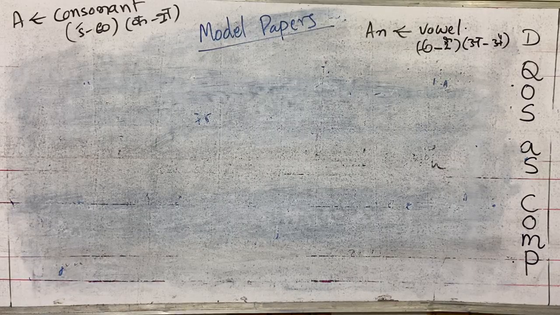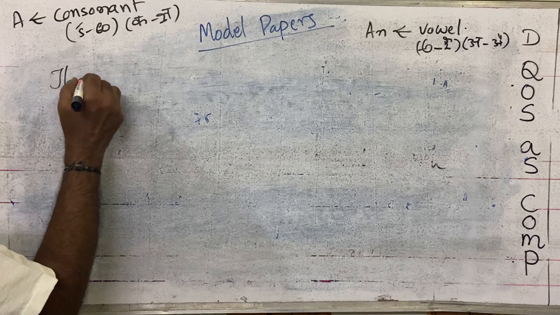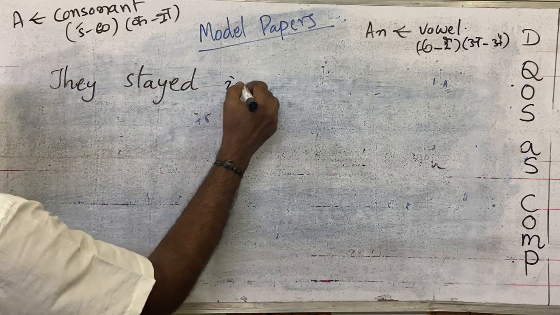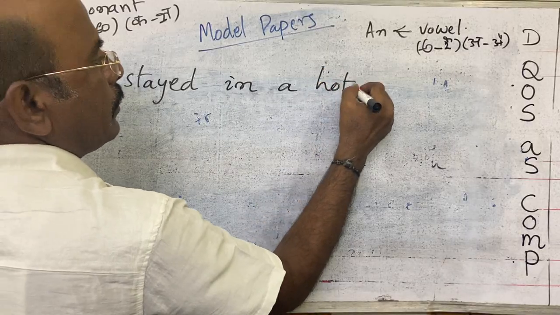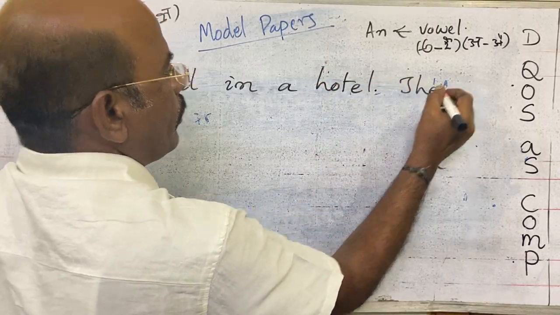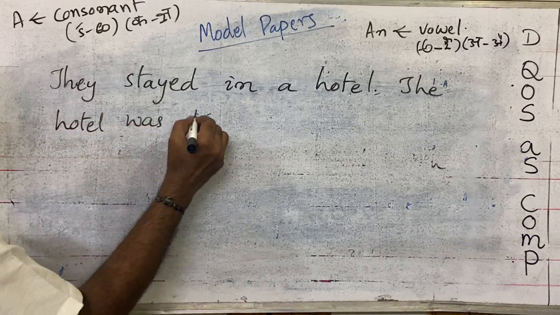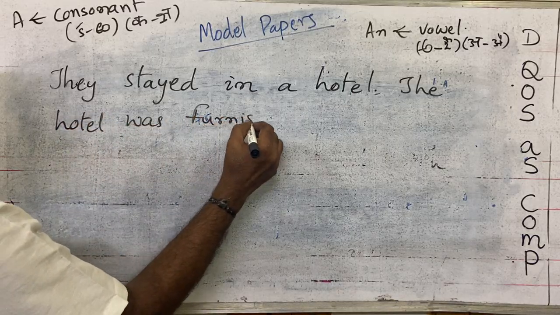Now we'll go to another model paper. In that model paper, they have given one: They stayed in a hotel. The hotel was furnished luxuriously.